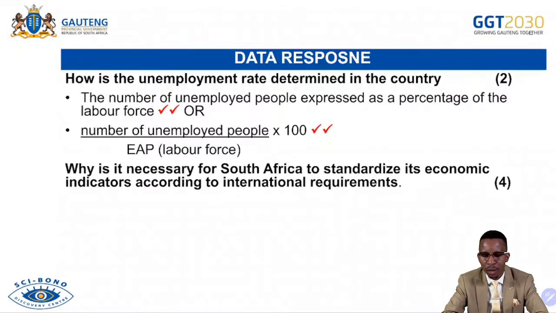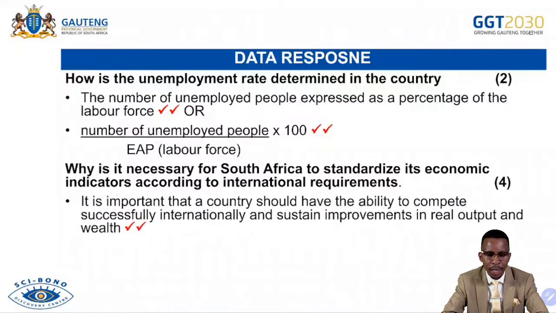Why is it necessary for South Africa to standardize its economic indicators according to international requirements? The question repeats itself. It is important that the country should have the ability to compete successfully internationally and sustain improvement in real output and wealth. Remember, the country has to comply with the regulations set by international organizations because these assist the country to be well compared internationally.